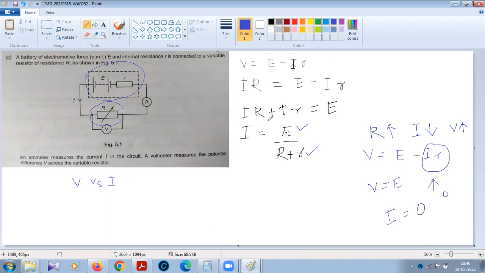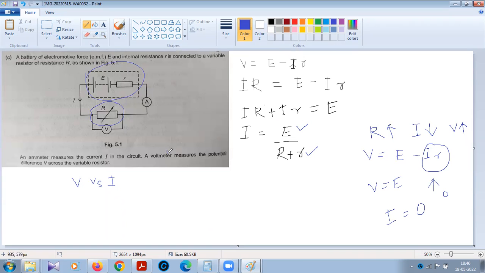So what is the relation? Let us check. I have the equation here, V equal to E minus IR.